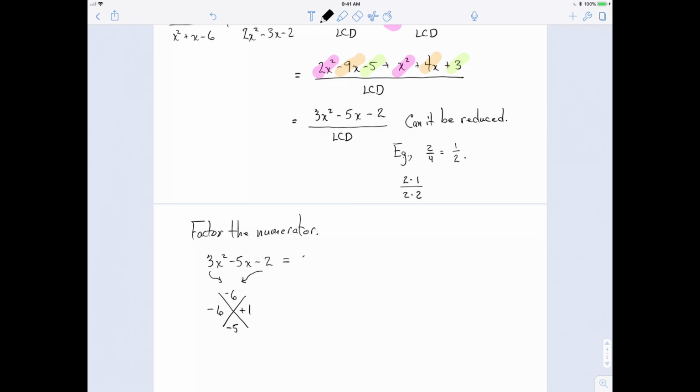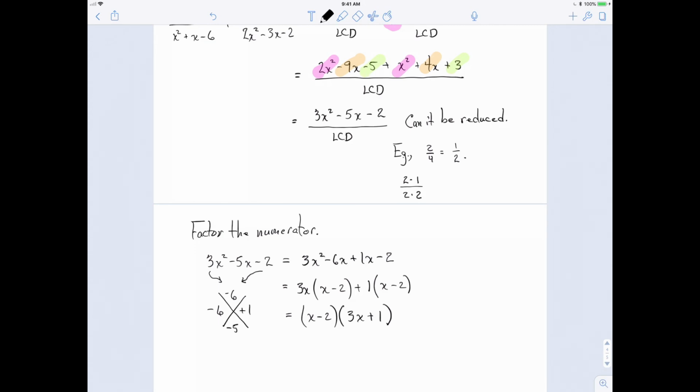So we write 3x squared minus 6x plus 1x minus 2. Then we factor a 3x, because we're factoring by grouping. This is x minus 2. We need to factor something, even if it's only just a 1 out of the second group. That leaves another x minus 2. Now we have a greatest common factor of x minus 2. Multiply that by the 3x plus 1.